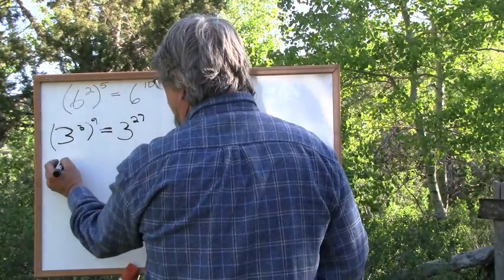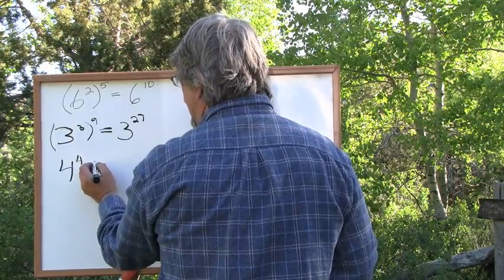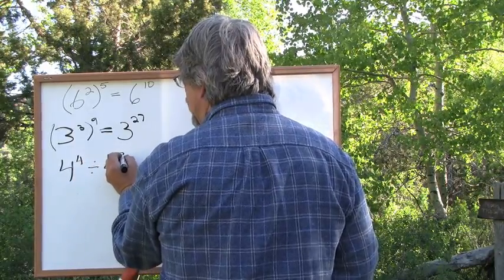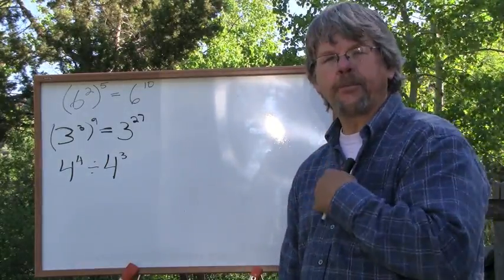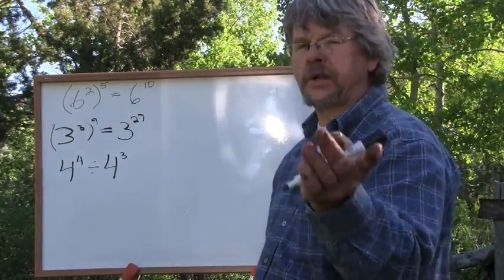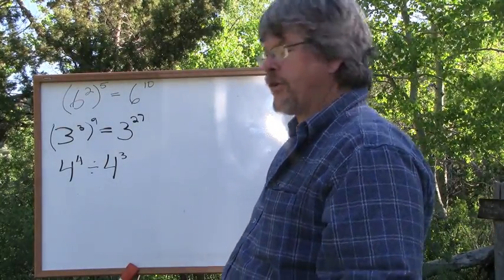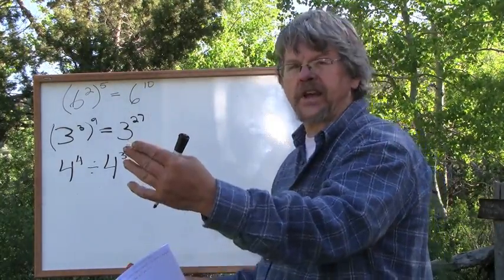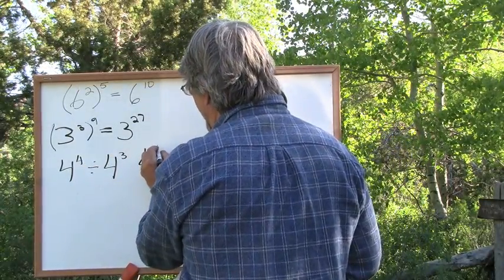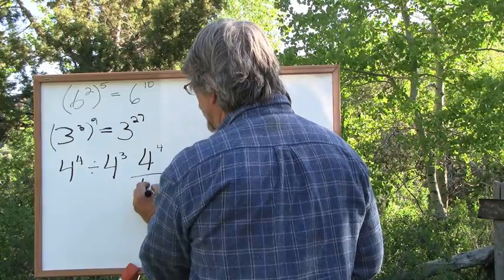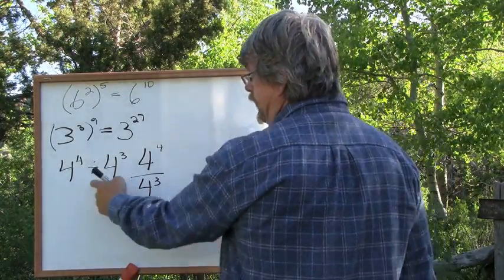What if we have 4 to the 4th divided by 4 to the 3rd? Now you'll see it written like this sometimes. What I personally like to do, and this is strictly your personal preference, I always like putting the fraction bar in. For whatever reason, my visualization is easier when I make this 4 to the 4th over 4 to the 3rd. Same thing.